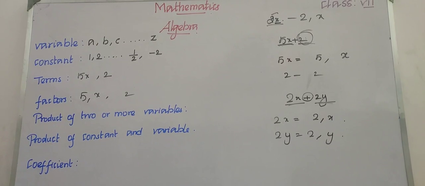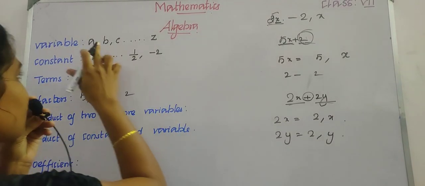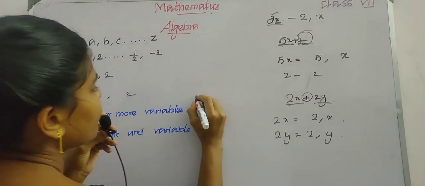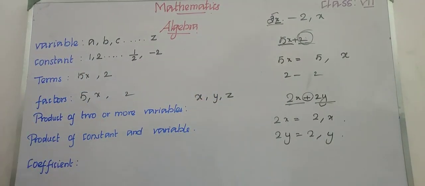Children, and the next is product of two or more variables. So what does mean by variable? Already we have said, right? Variable means A, B, C, D up to Z, right? See, if you are multiplying two or more variables, if you are having x, comma y, comma z, how will you multiply these variables?